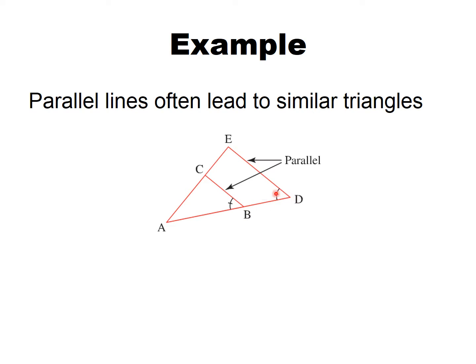And if we look at these angles here, they're also going to be the same because we've got parallel lines that are cut by a third line, and so those angles are equal. So we've got this small triangle and this large triangle that share two angles, and so those two triangles are going to be similar. Specifically, ABC is similar to the large triangle ADE.